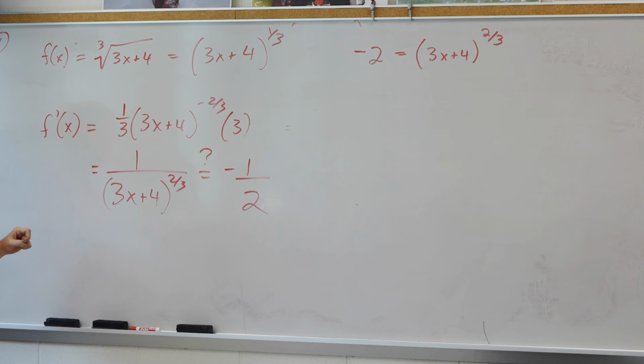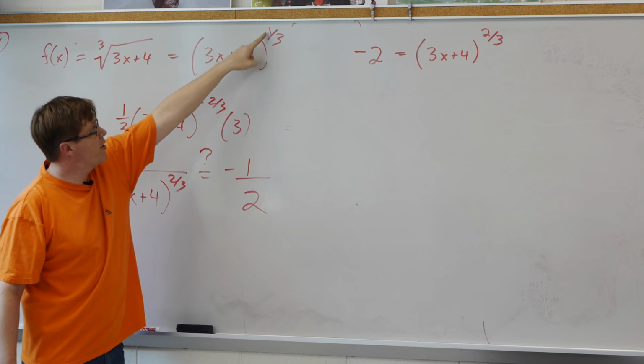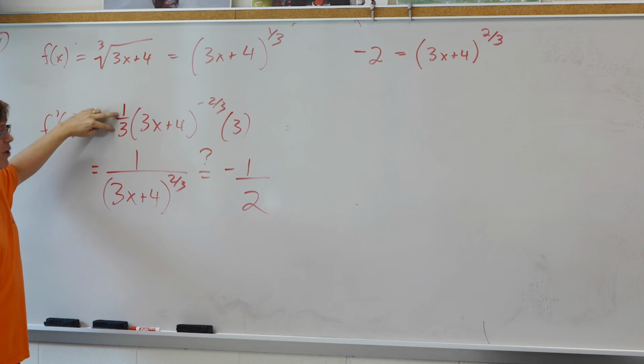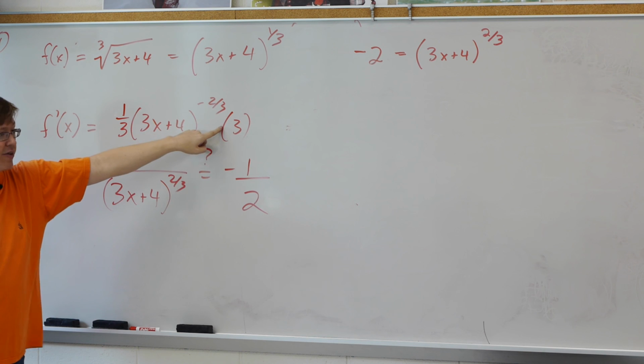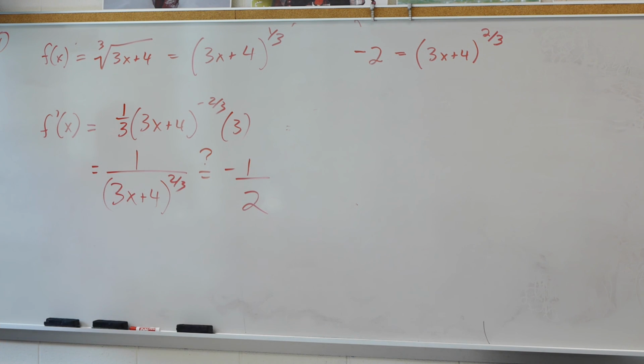Isn't it 3 over 2 cube root of 3x plus 4, when this 1/3 turns into a 1/3 right there and that cancels out the 3? Oh, I don't know why I put a 2 at the bottom. Any other questions up to that point?